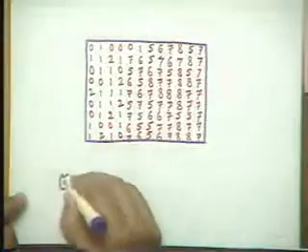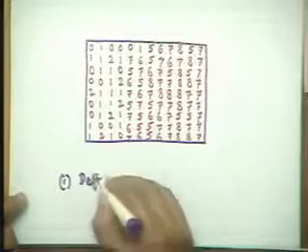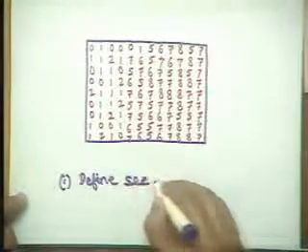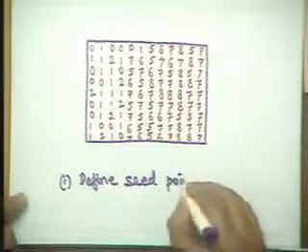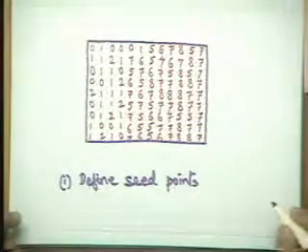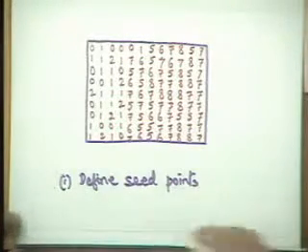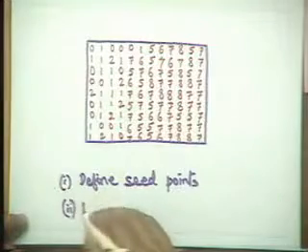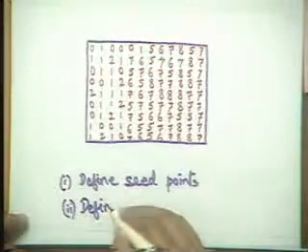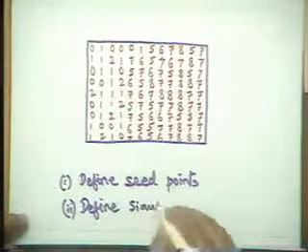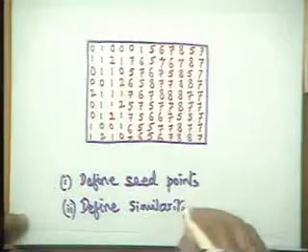So we have to do two things. First, we have to define some seed points from which the region growing will take place. And the second thing is that we must define a proper similarity function.